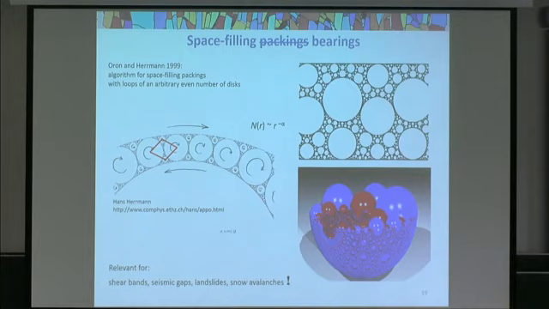For a very long time I thought this is just a nice geometrical exercise. Then I learned that there are models of shear bands and seismic gaps that use this analogy of space filling bearings to explain what is going on there. And then I learned, that's why I put an exclamation mark here, because I find it sort of amazing, that it is possible to measure it really. So there are measurements from seismic gaps which use remnant magnetization of different pieces of rock, and those measurements show that the rock really is moving like in a space filling bearing.